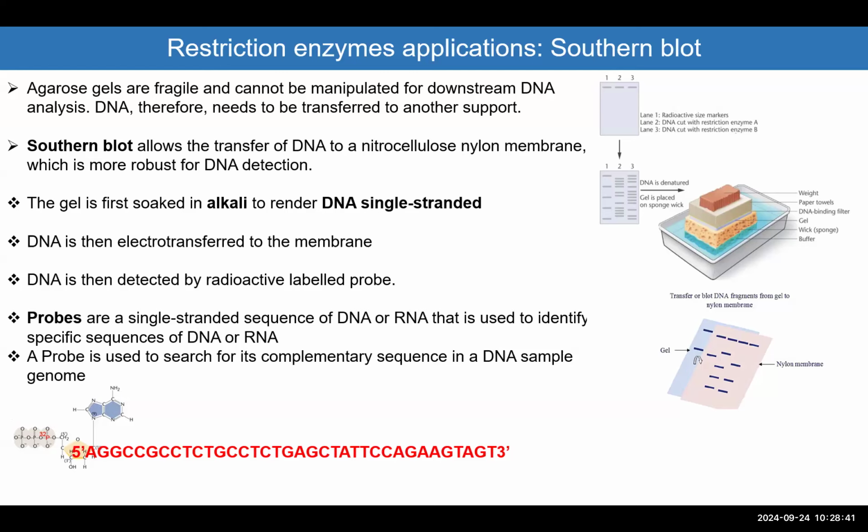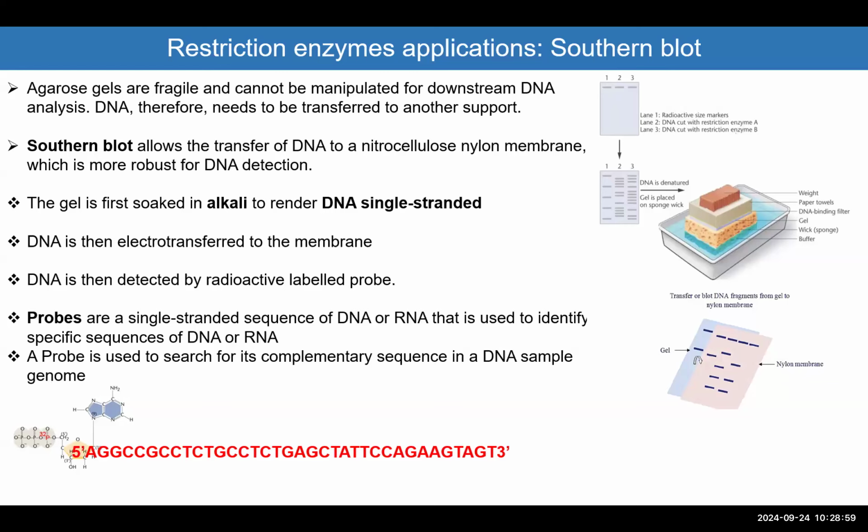And then we can detect those by creating a probe, which is a single-stranded DNA or RNA based on the condition we are using. This probe has to be complementary to a specific site.